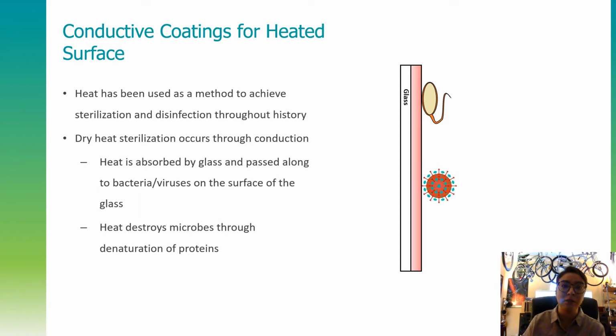We're familiar with conductive coatings in refrigeration units, but that's because that's where they've always been used to prevent condensation. There are products available that are aimed at disinfection and sterilization of the glass surface.